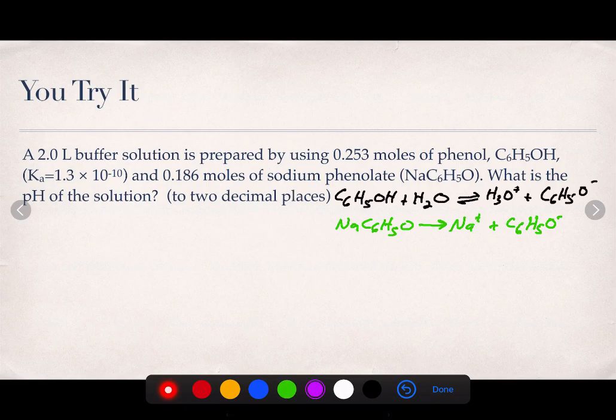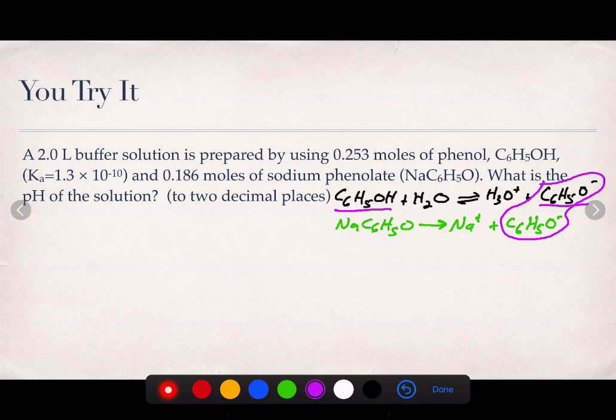And so we see that we have a source of that conjugate base from that sodium phenolate. So we have both the acid, the phenol, right here, and its conjugate base, the phenolate. And so that means that we do, in fact, have a buffer.